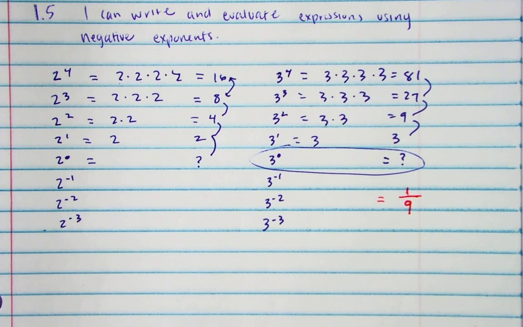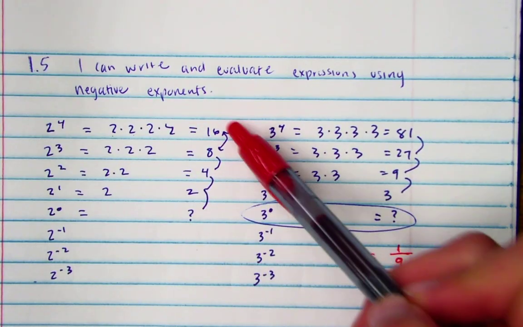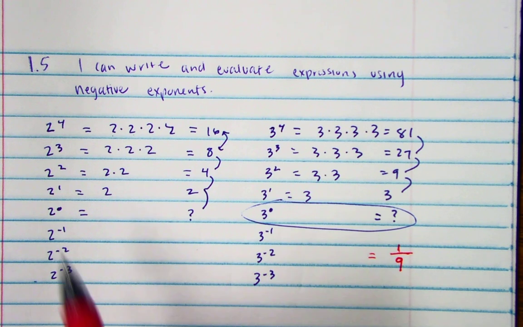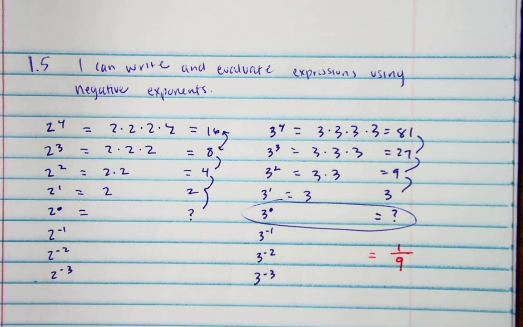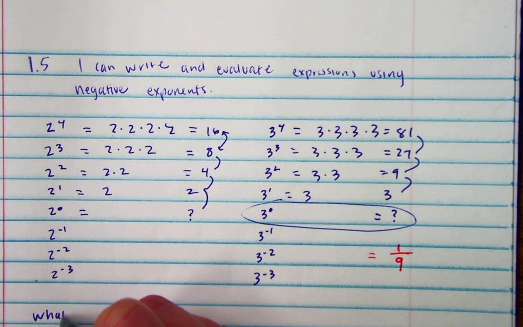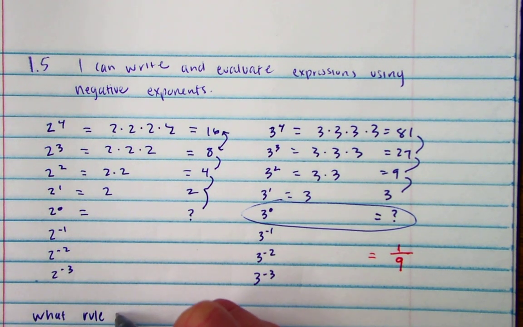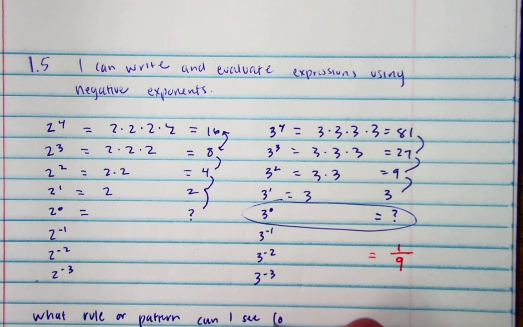Okay? So think about the patterns that you see here. What rule would you write for anything to the 0 power or anything to a negative number? Do you want me to write that down for you? What rule or pattern can I see for anything to the 0 power?